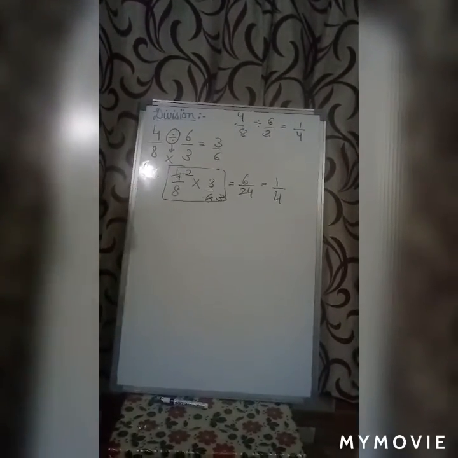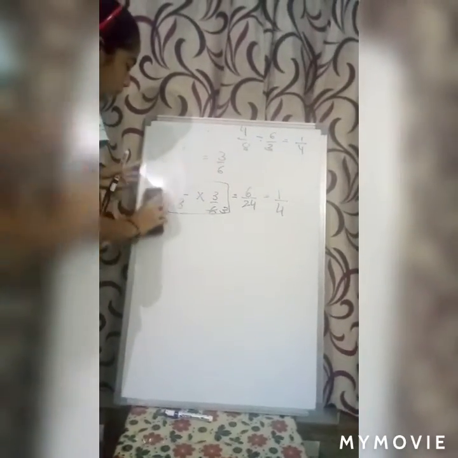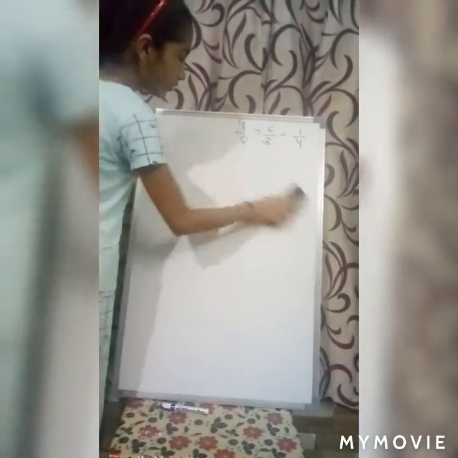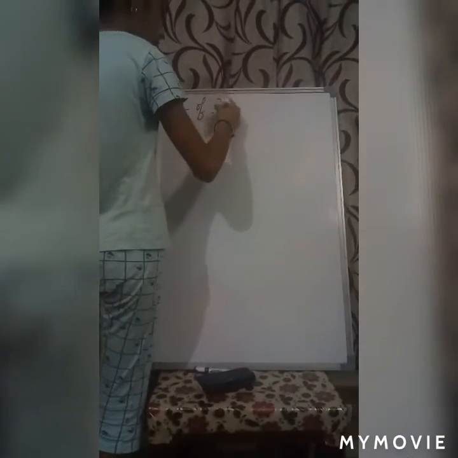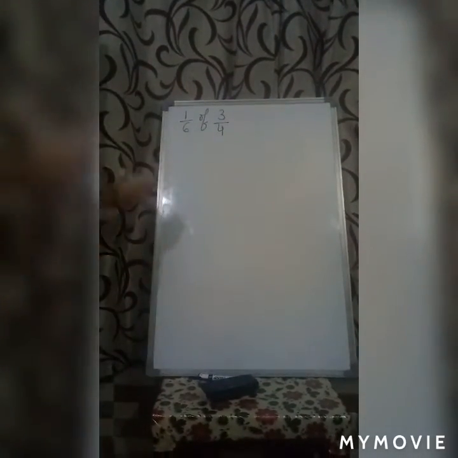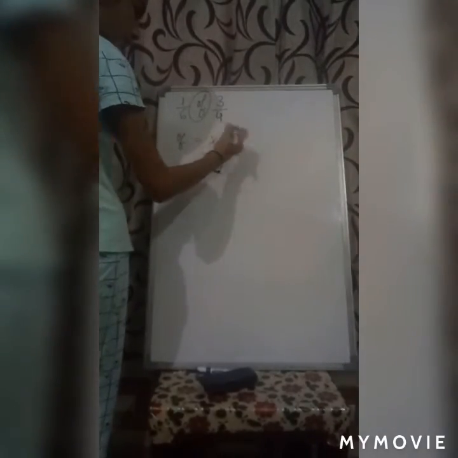Now I'm erasing this, and I want to explain something very, very important. If I say 1 by 6 of 3 by 4, what's the meaning of "of" here? "Of" means multiplication.